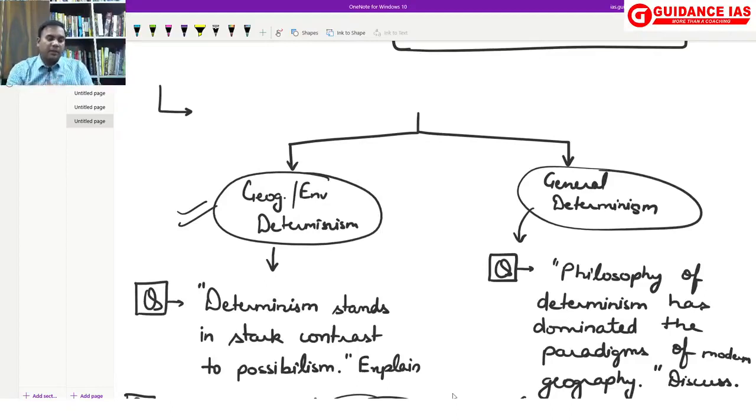So whether it has been narrowly used or broadly used. Can you remember this much? This is where, if the third question, "philosophy of determinism has dominated the paradigms of modern geography, discussed," comes, you will get so much edge over the others.